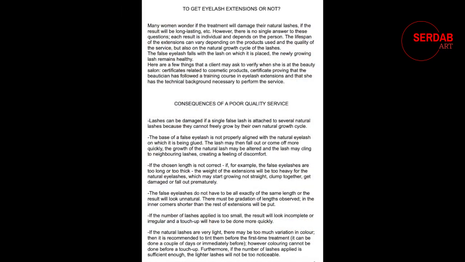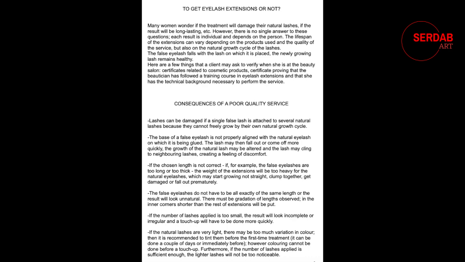So, to get eyelash extensions or not, again, it all comes down to women being scared: what if I lose my lashes? It's very important to do very good quality work, and then your client can wear them forever.